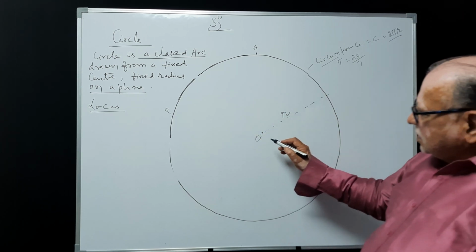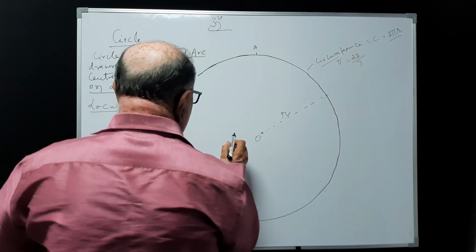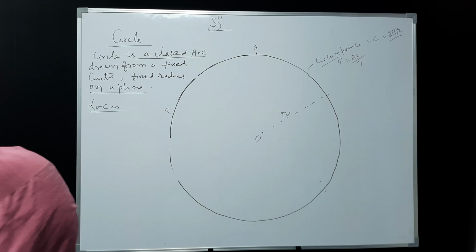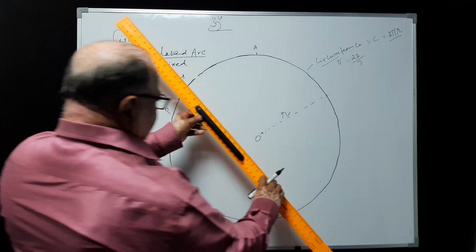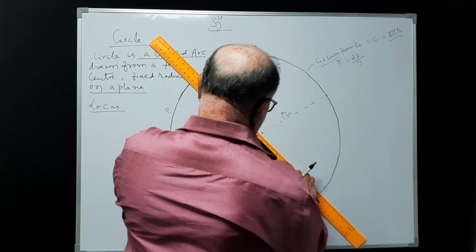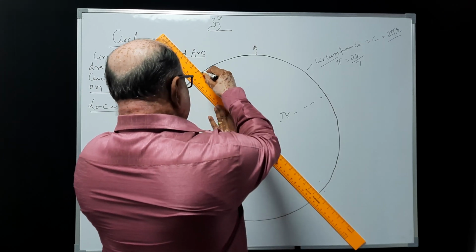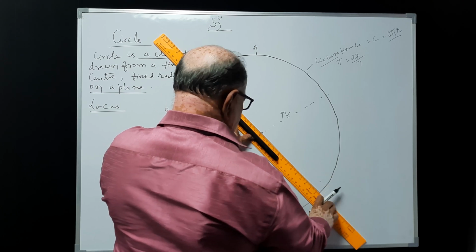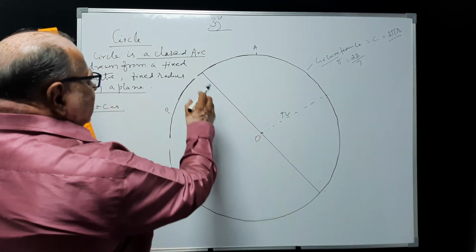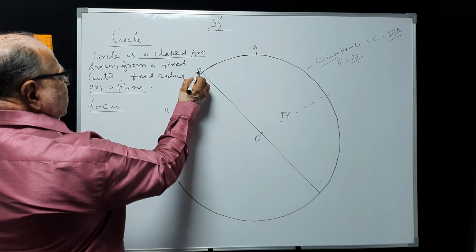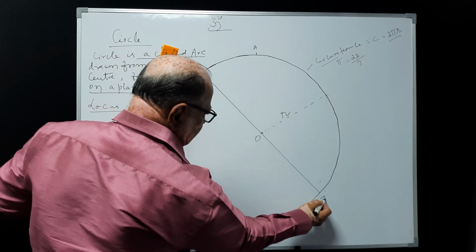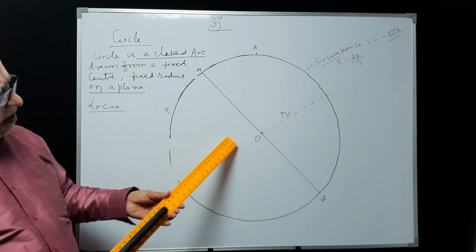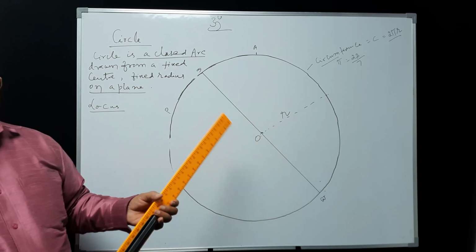And then, suppose I draw a line passing through the center of the circle, like this, touching the circumference at 2 points, say call these 2 points A, B. Then you can see very clearly, it divides the circle into 2 equal parts.